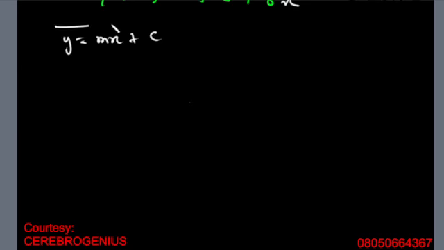Now let's talk a little bit about this equation. You see that we have our variables, which are x and y. Now look at your x, your y. The thing you notice about y is that its power is 1, and also it has no coefficient.